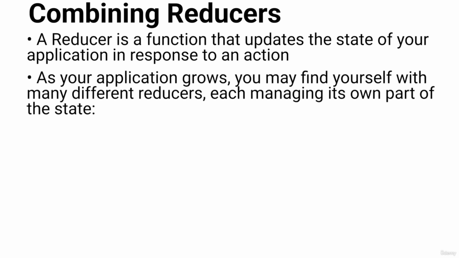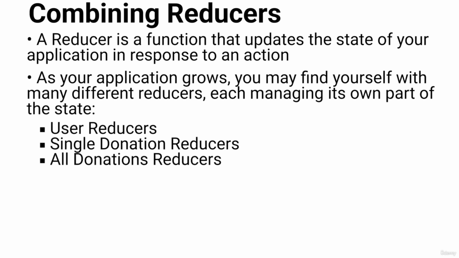But as your application grows in complexity, you may find yourself with many different reducers, each managing its own part of the state. Like we could have a user reducer, we could have a single donation reducer, we could have all of the donations reducers, and it might get complicated to manage all of these. So you might want to combine all of these into a single root reducer.